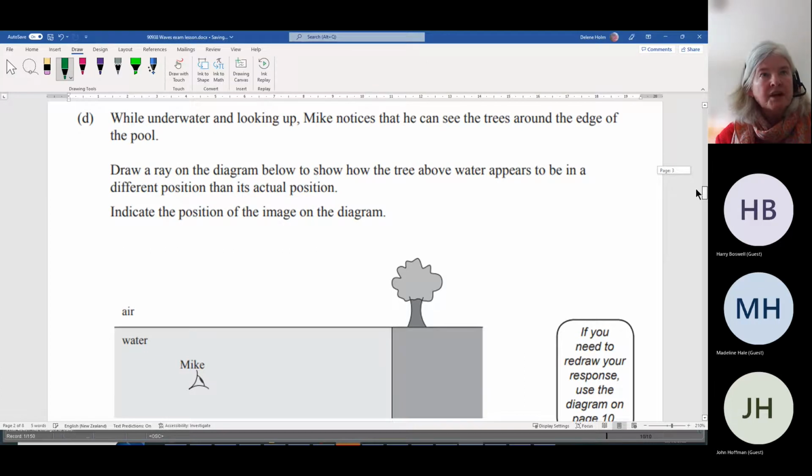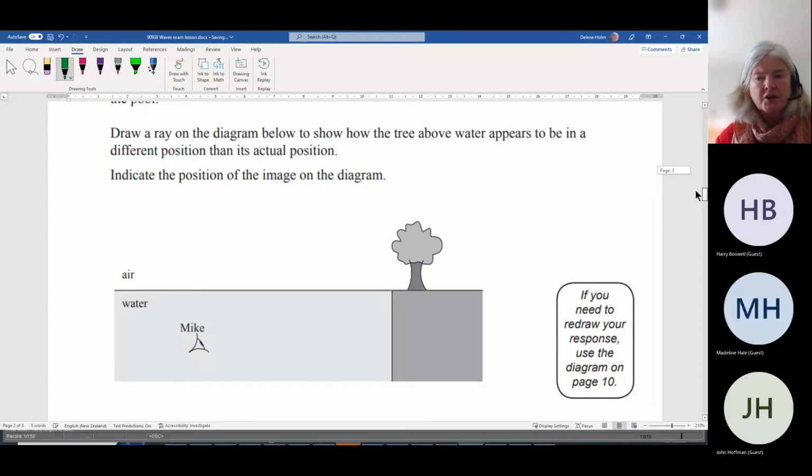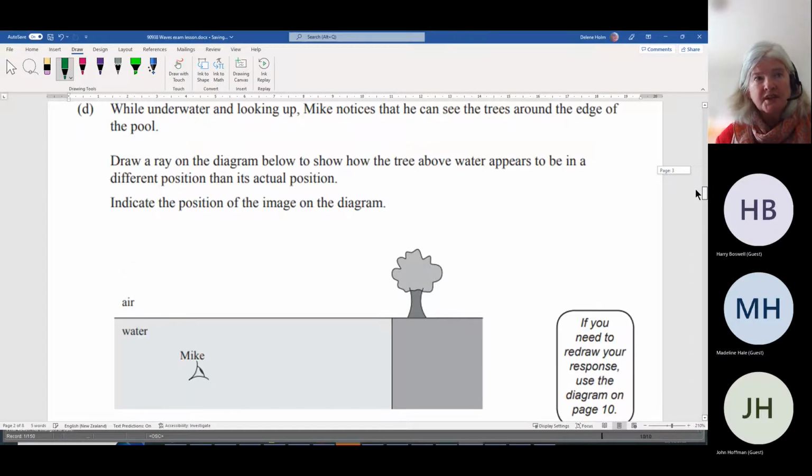Right, now Mike's still in the pool, and he looks up and there's a tree close by, but he sees it's not quite where it's supposed to be in the garden. He sees it a lot closer, actually. It doesn't actually say so here, but you'll see when you draw it. If you think about it, light from the sun is hitting this tree, and this tree is reflecting the light in all directions.